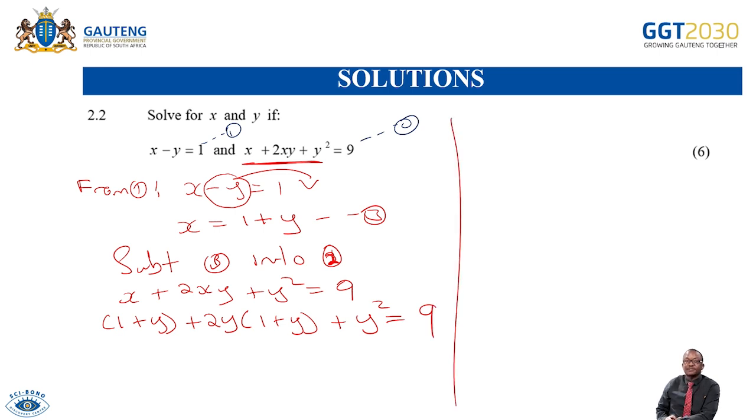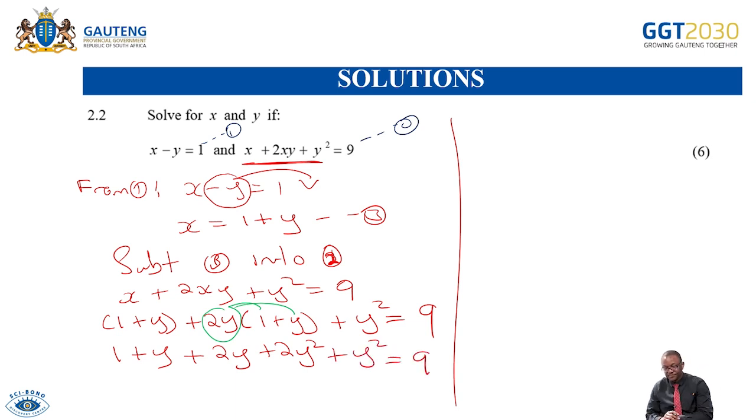Then from there, we know that you're going to have y, 1 plus y, then 2y will multiply inside the bracket. We are going to have plus 2y plus 2y squared plus y squared is equal to 9.